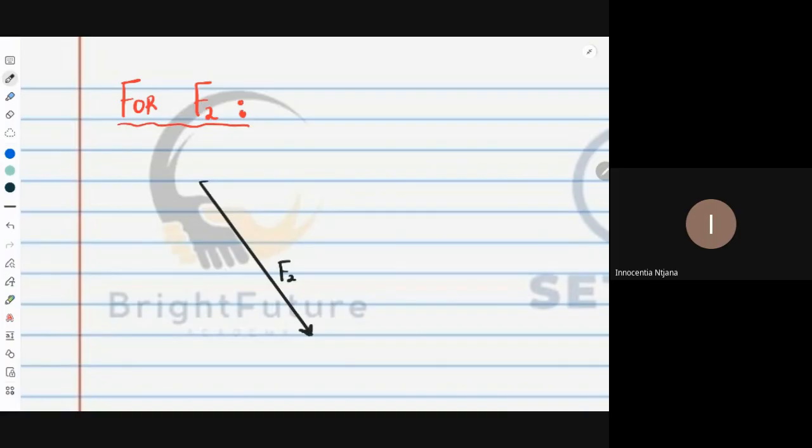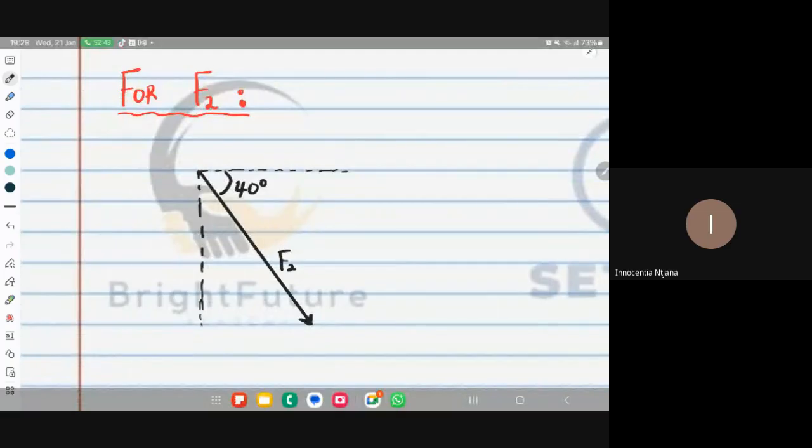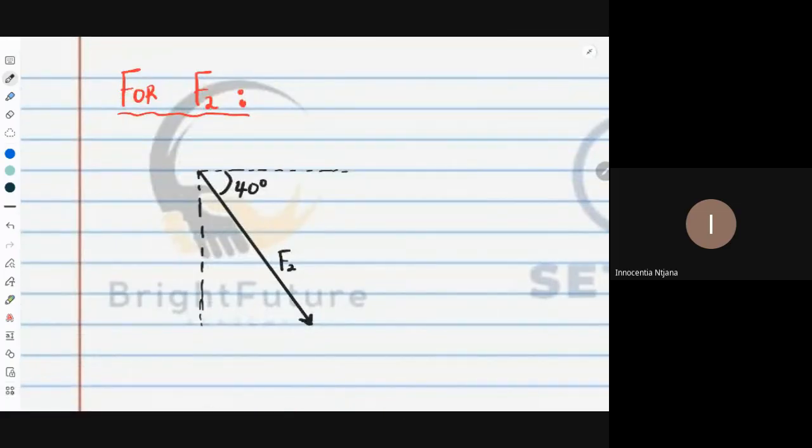And we are told that this angle is 40 degrees. So let's draw our lines. There's a line going there. There's another line going there. Then let's draw the other one going up there. This looks like a solid line. I don't want solid lines.